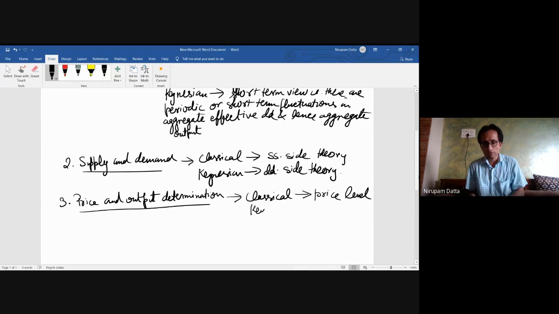Whereas the Keynesians believe that output below the full employment level is a function of aggregate effective demand. So according to them, aggregate effective demand determines the output as well as the level of employment till the full employment level, and beyond the full employment level, aggregate effective demand determines the price level.